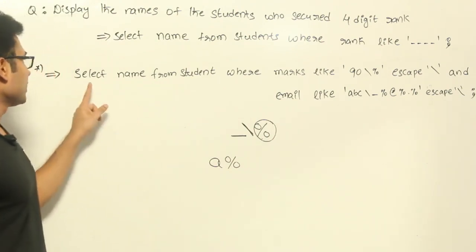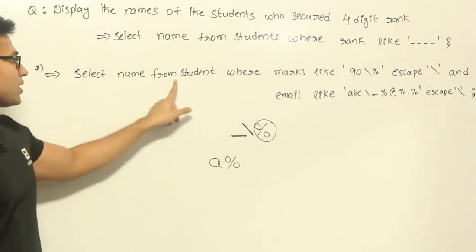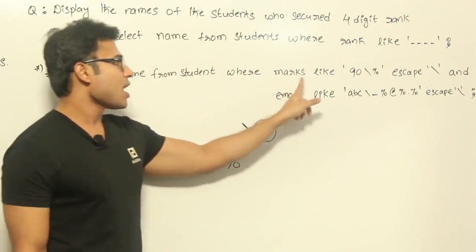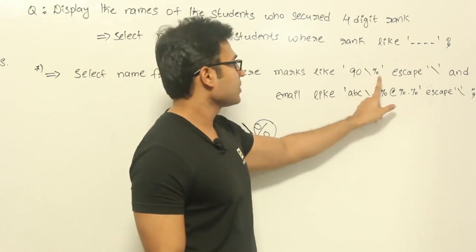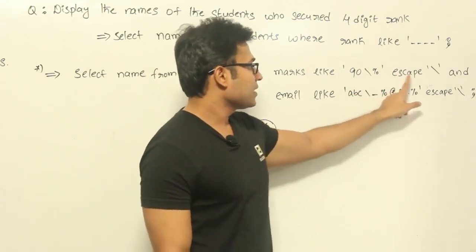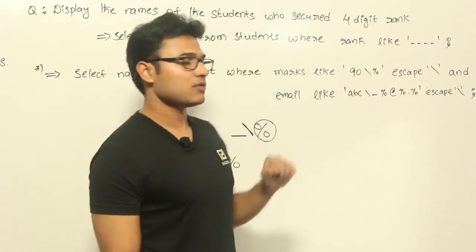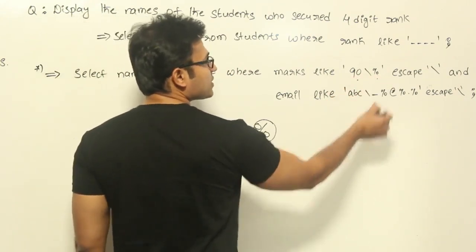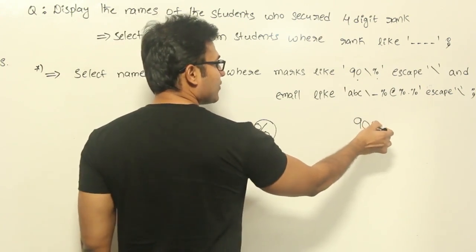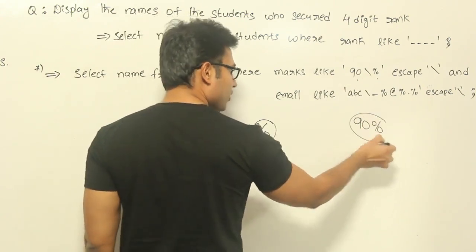Now let's look at one. Select name from student where marks like 90 backslash percent escape backslash. What they are trying to say is the marks has to be 90%. If anyone has marks like 90%, we are going to take it.